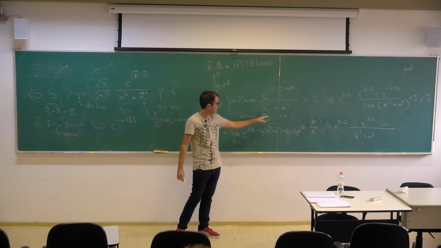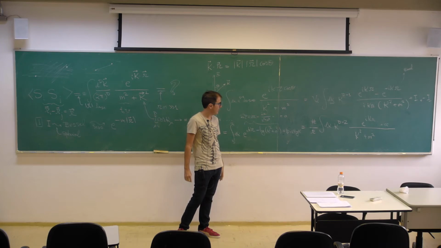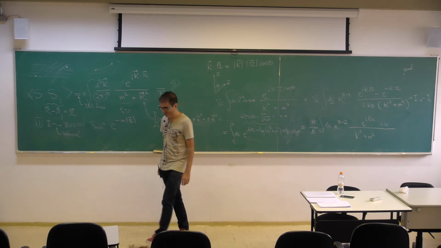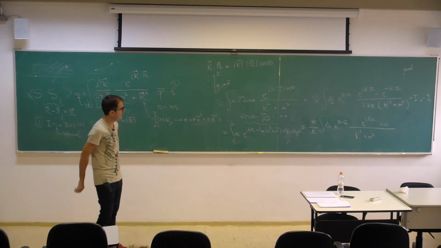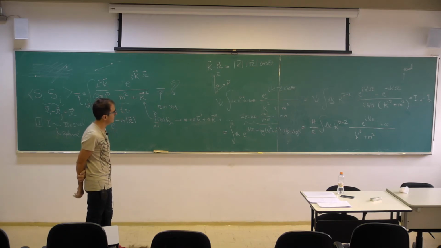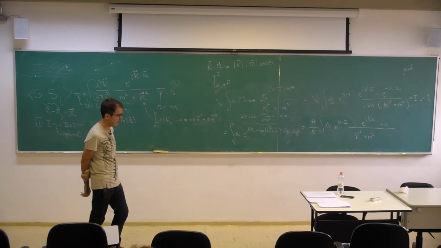How do I make this term very big? How do I make 1 over x squared plus 1 very big?